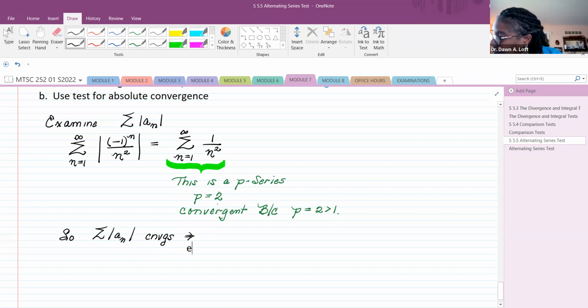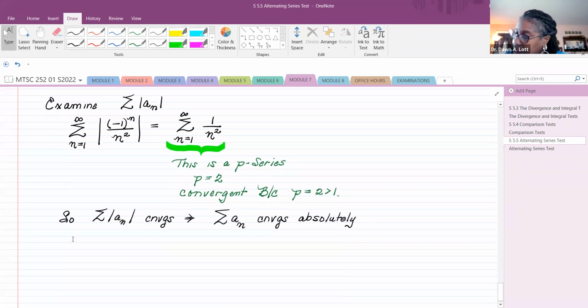So that implies the summation of a_n converges absolutely. And an absolutely convergent series is a convergent series.